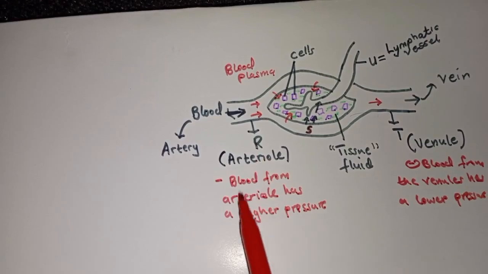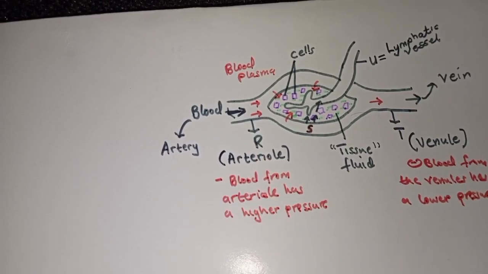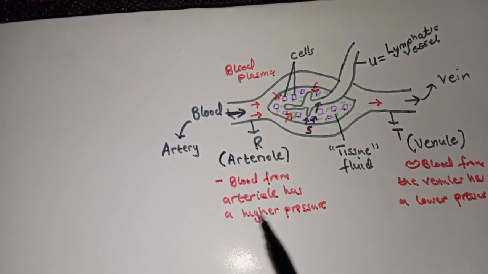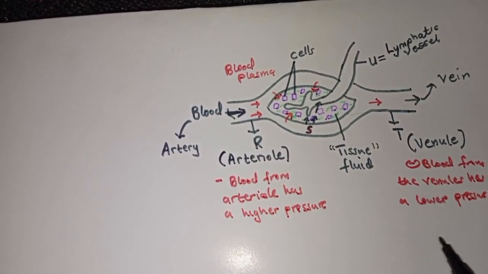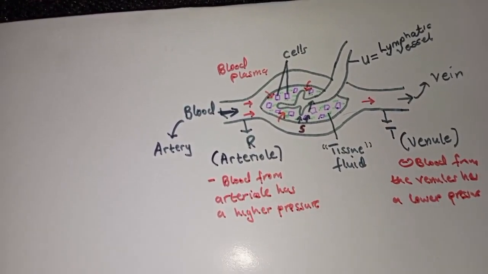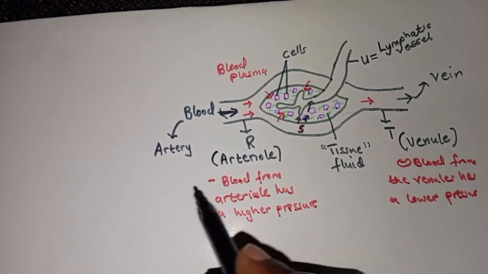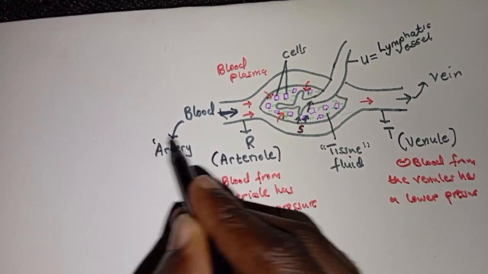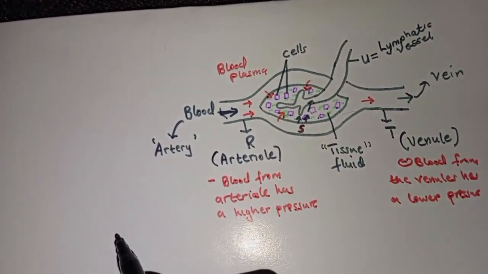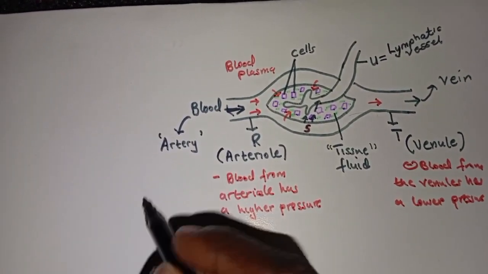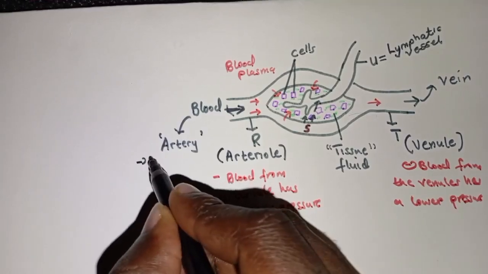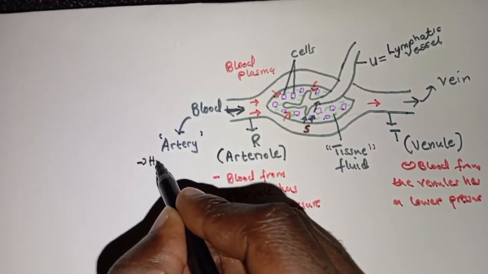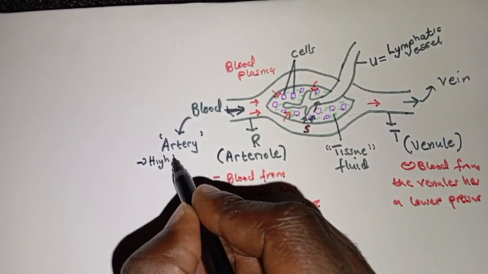So the blood here has a higher pressure. Now, why is it that the blood here has a higher pressure and the blood here has a lower pressure? The thing is this: blood that is coming from the artery usually has high pressure.